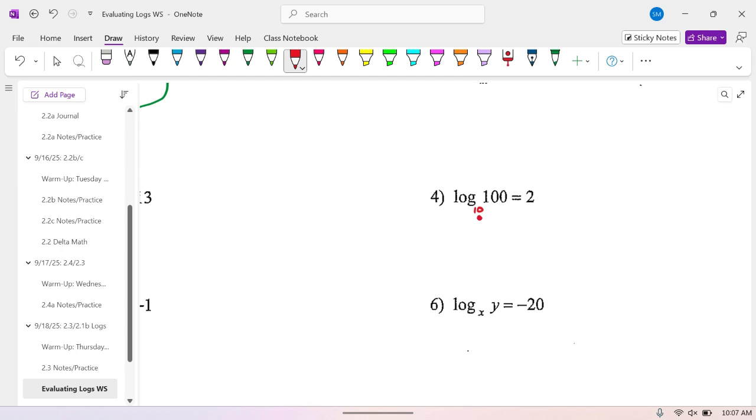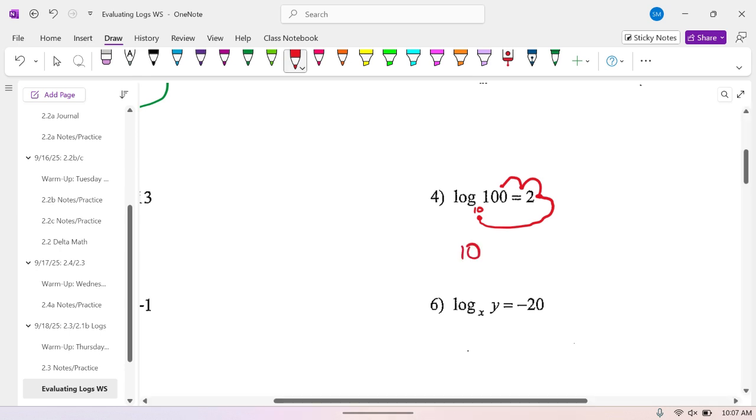Where do I go next? The 2. Equal sign. 100. So how would I write it out? 10 comes first. Where's the 2? Exponent. Equals 100. Does everyone understand how to go from a log to an exponential?